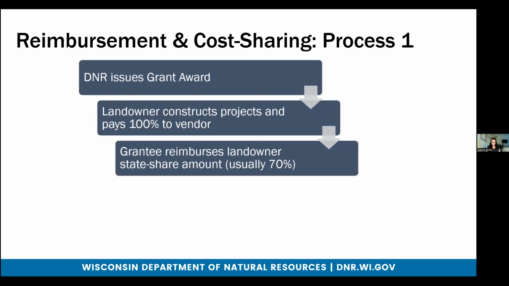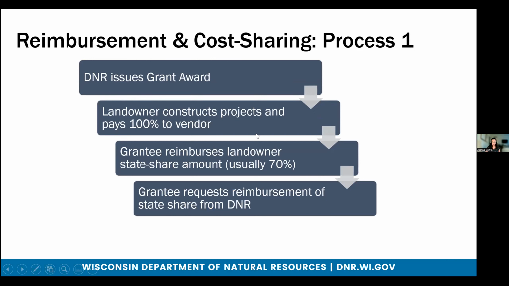The grantee reimburses the landowner based on the cost share rate and amount spent. So in this example, it's 70%. It could be up to 90%. After the project is constructed and the grantee reimburses the landowner, then the grantee requests and receives reimbursement from the state.